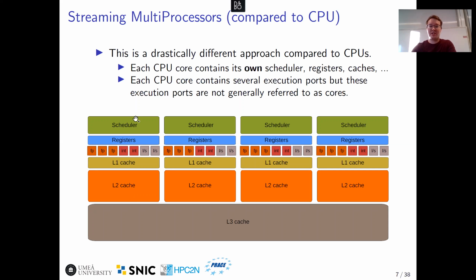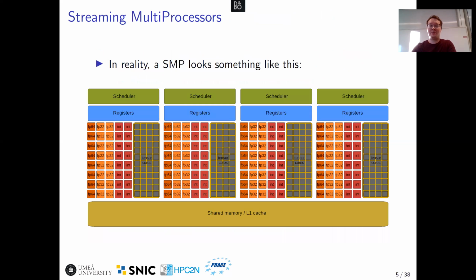It's considered that the scheduler, the registers, the caches and the execution ports together form a core. And compared to this, in a GPU you would imagine that each one of these processing blocks should be called a core. But in NVIDIA terminology, each one of these smaller units here is a CUDA core.